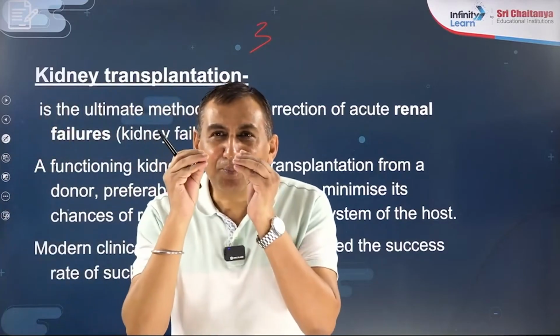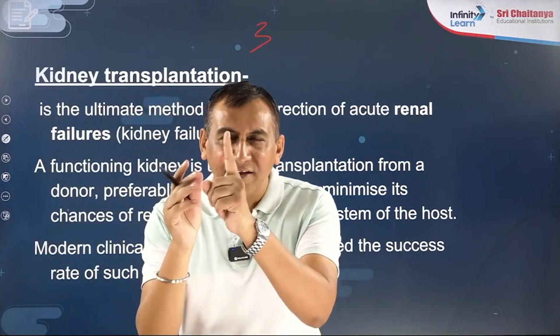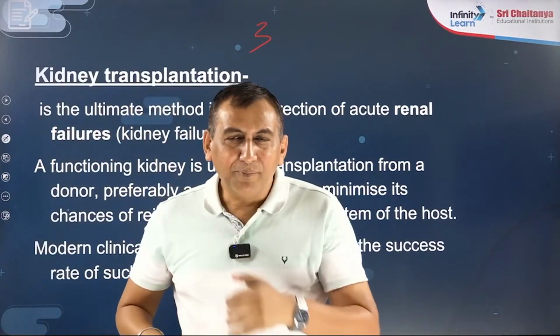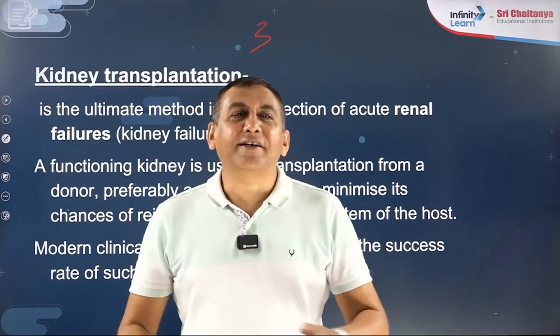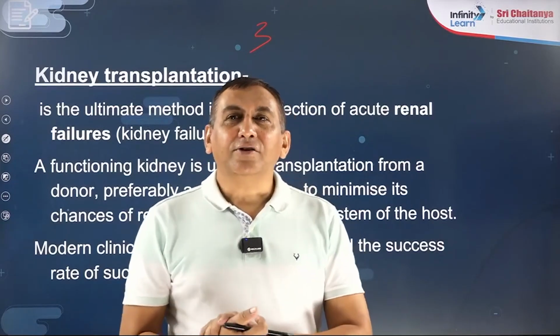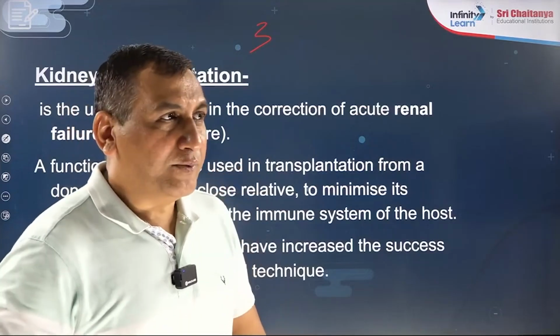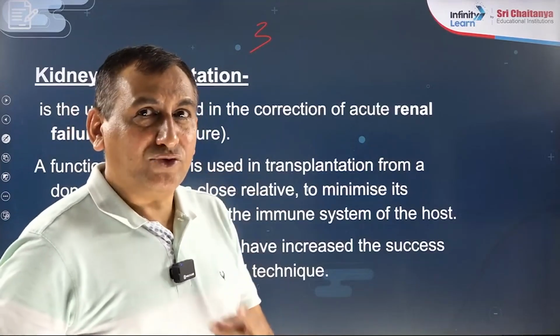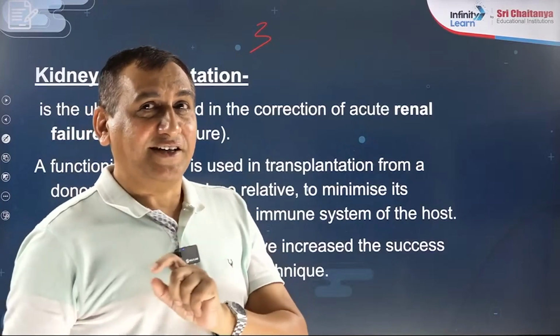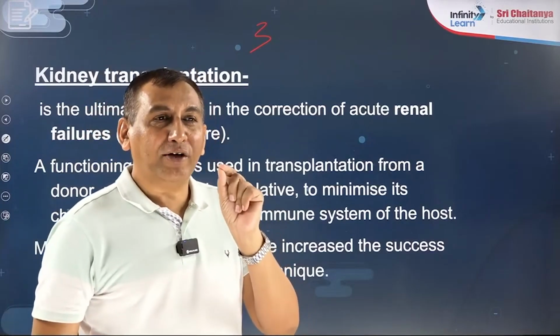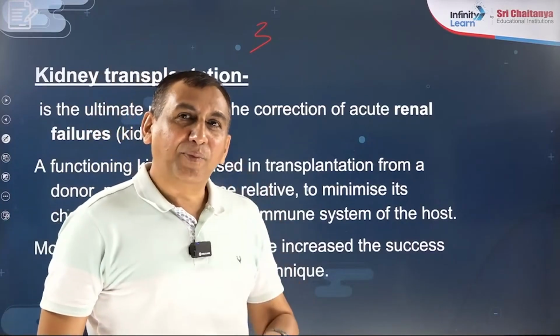We are implanting only one healthy kidney, but we are not removing the old kidneys, because old kidneys are not harming us. And if you remove the 2 old kidneys, you have to do 2 more surgeries. So just to avoid more and more surgery, we are implanting 1.